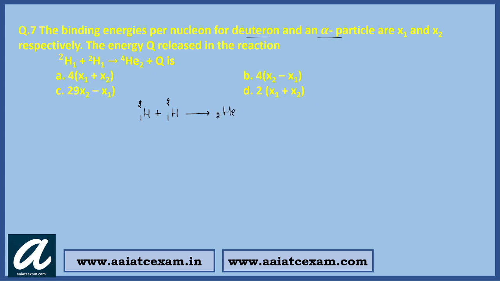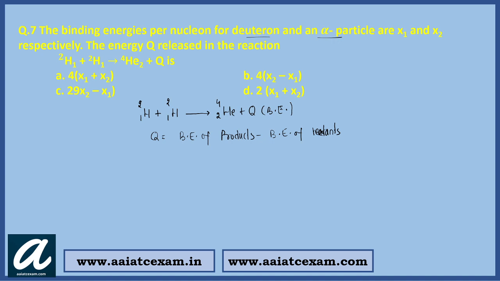So it is 2, 4, some amount of energy will be released here. This energy is called the binding energy. Now students, this binding energy, as you know, should be equal to binding energy of products minus binding energy of reactants.